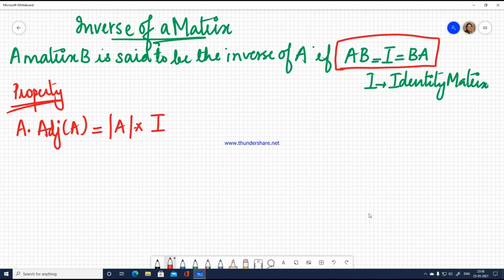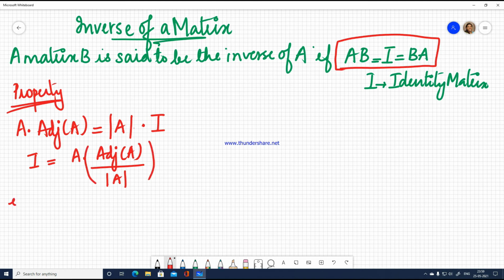Then how do you find the identity matrix? Identity matrix will be equal to A into adjoint of A by determinant of A. So I will be equal to A into adjoint of A by determinant of A.